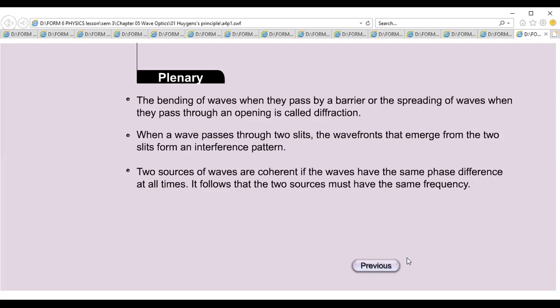Next, two sources of waves are coherent if the waves have the same phase difference at all times, and it follows that the two sources must have the same frequency. Ladies and gentlemen, this is the lesson for today.